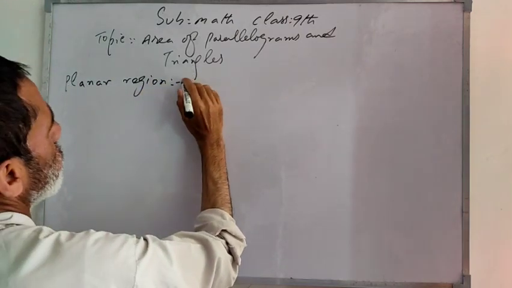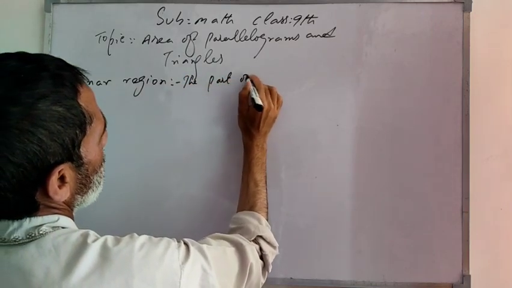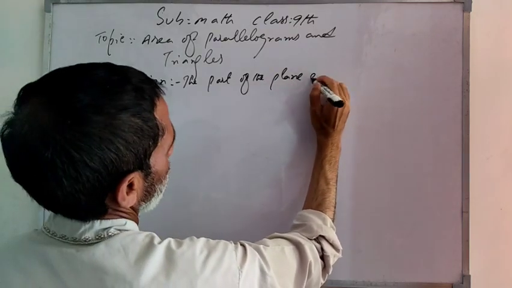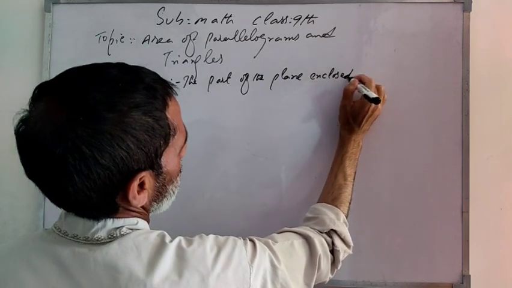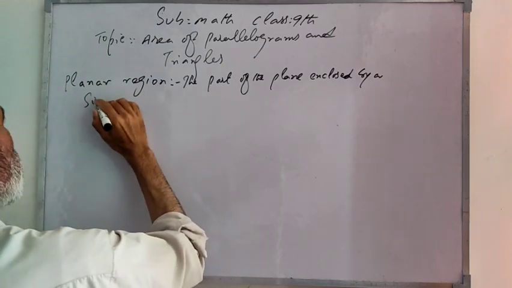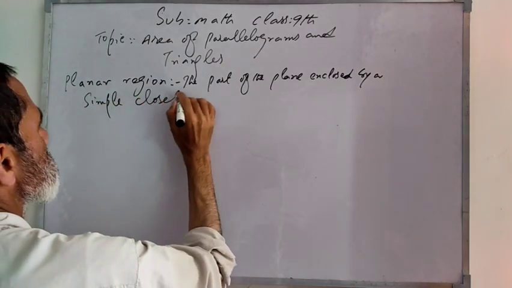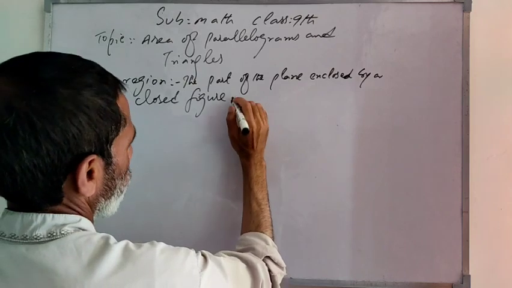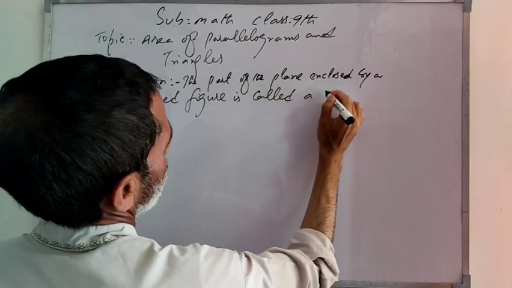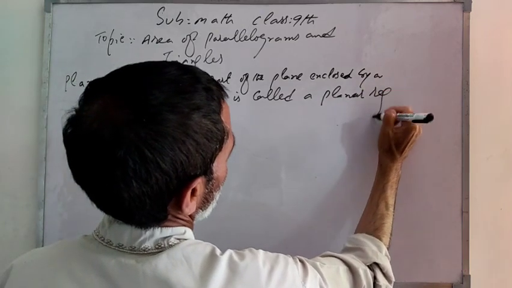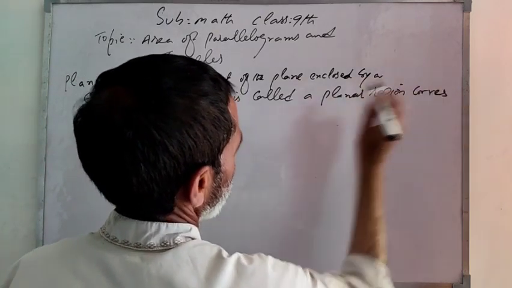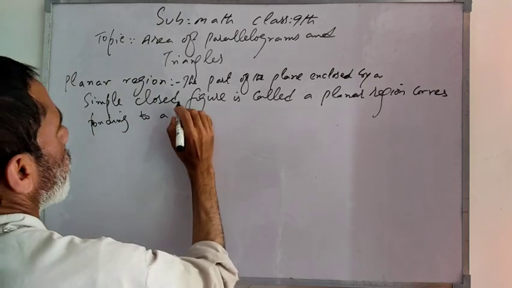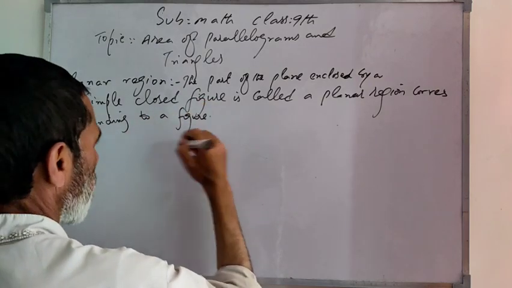The part of the plane enclosed by a simple closed figure is called a planar region corresponding to the figure.